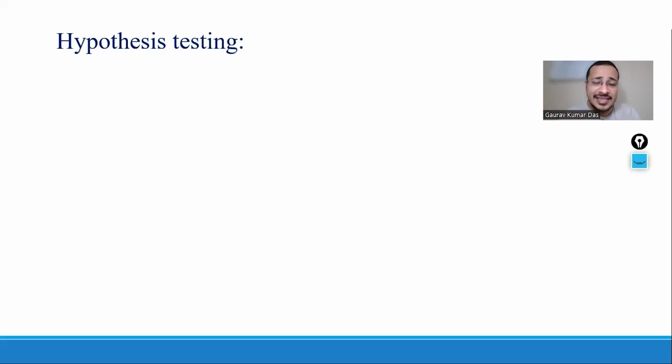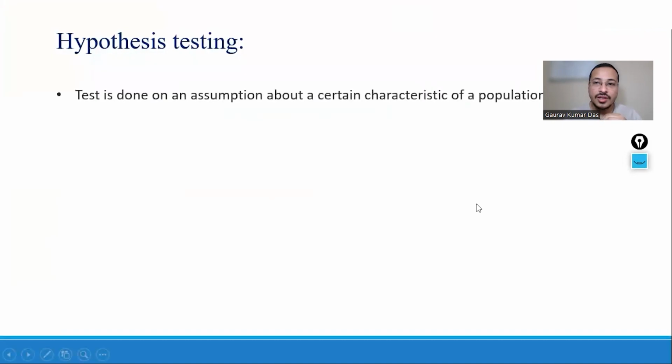It won't be exactly the same. I know there will be some error, of course, but we have to minimize that error as much as possible using hypothesis testing. So it's a test done on an assumption about a certain characteristic of the population. We have derived a certain characteristic, and it's an assumption, of course, because we have done it based on a sample.